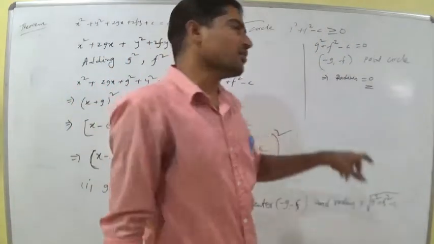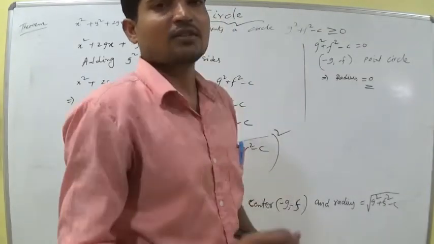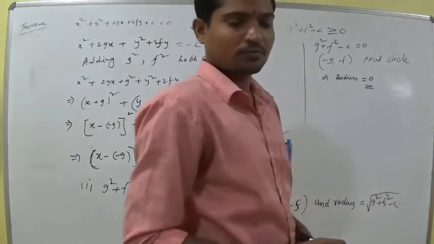The radius is 0 here. When the radius is equal to 0, it represents a point circle, and the point is (minus g, minus f), a point circle with that center.